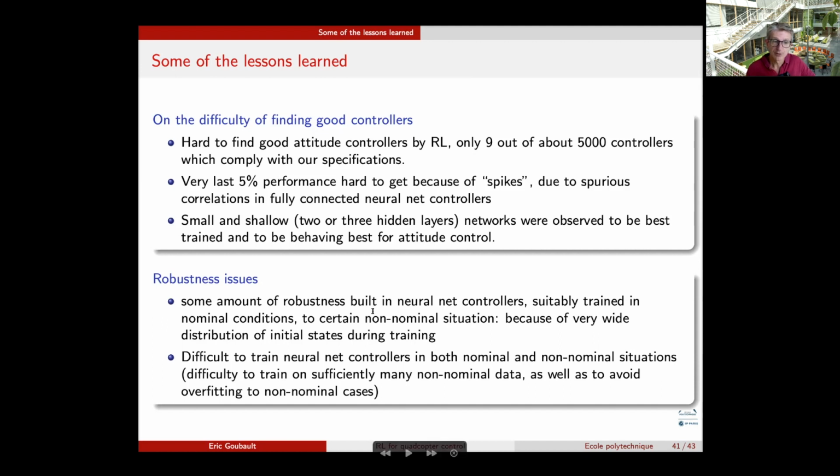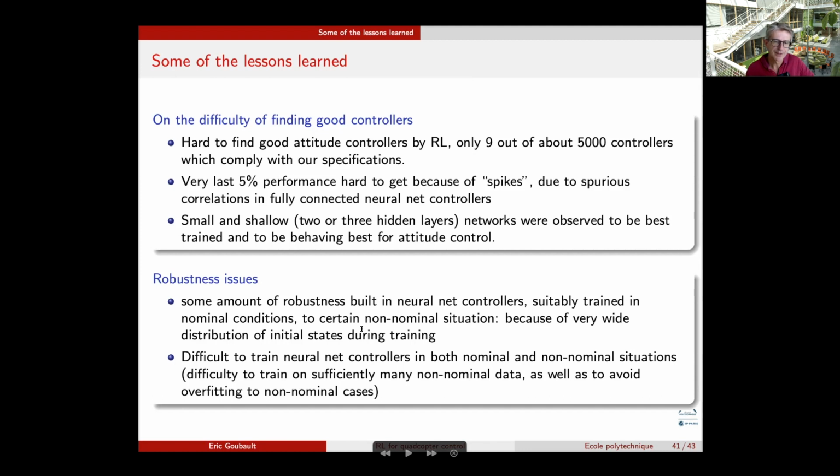They all exhibit very good robustness to non-nominal situations, and that's most certainly due to the fact that we train these controllers on a very wide distribution of initial states. So they observed very different situations that account for this robustness when they see strange states because of wind gusts or other problems. But then we really have to understand why we didn't manage to train neural nets under the non-nominal situations in a good way.